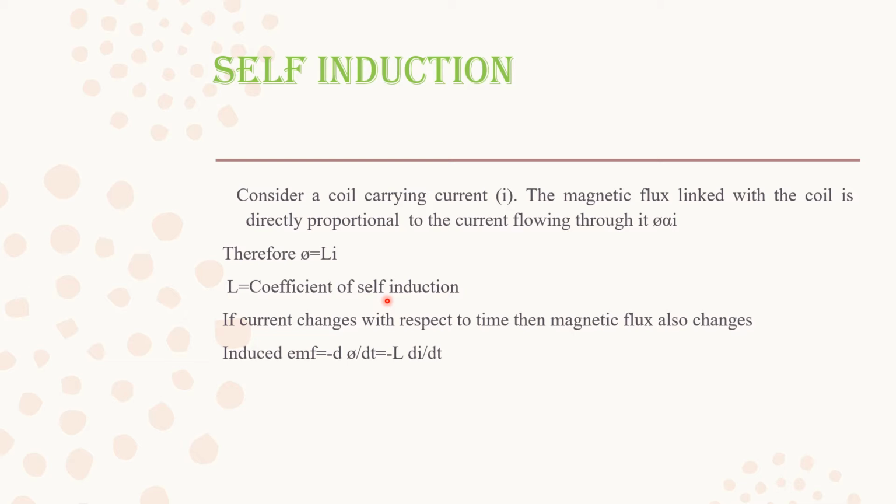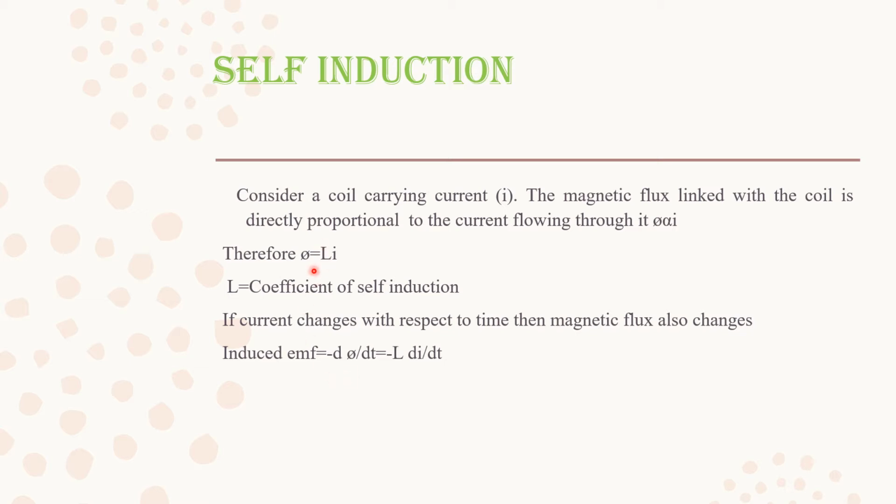So the equation becomes phi is equal to L into I, where L is known as the coefficient of self-induction. If the current changes with respect to time, then the magnetic flux also changes. So we can write that induced EMF is equal to minus d phi by dt, that is, the rate of change of magnetic flux.